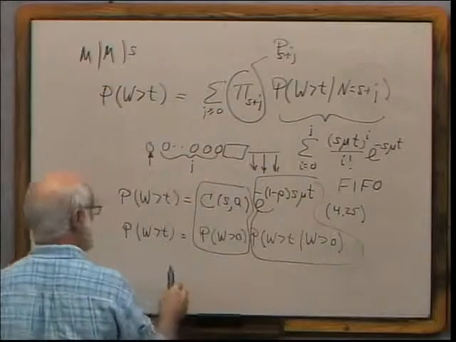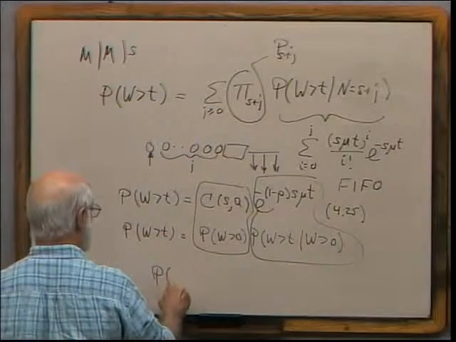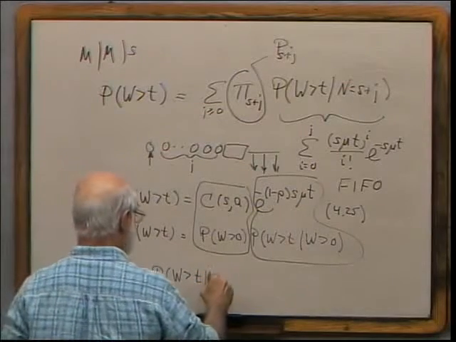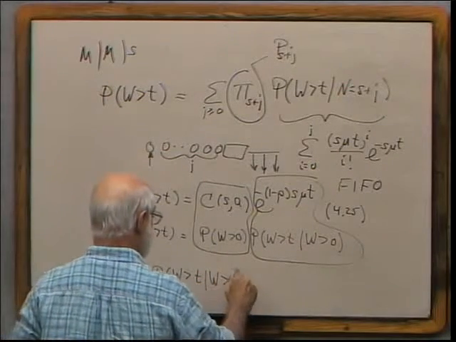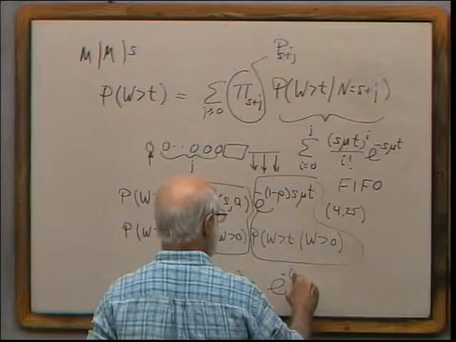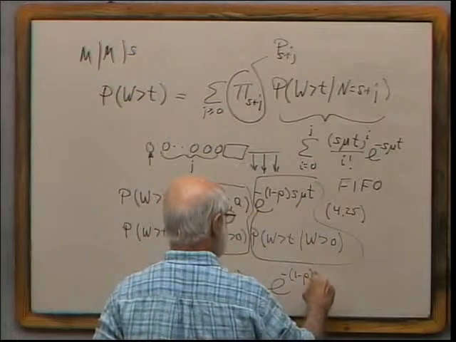So therefore, we know that the conditional probability that I wait longer than t, given that I have to wait at all, is e to the minus (1 minus rho) S mu t.